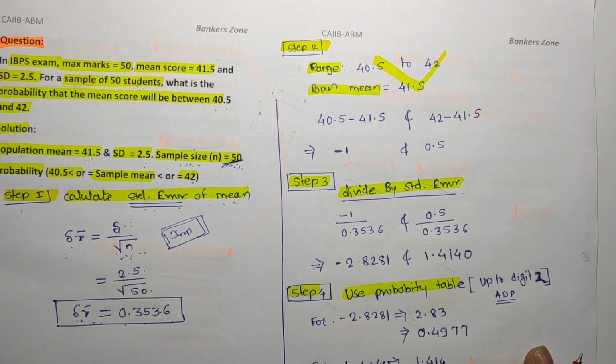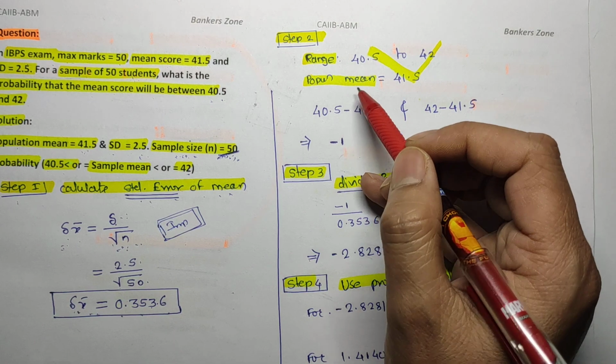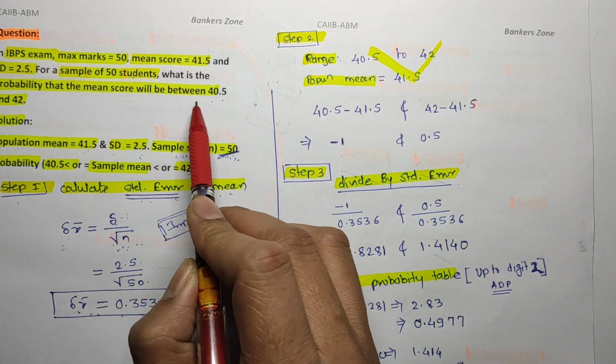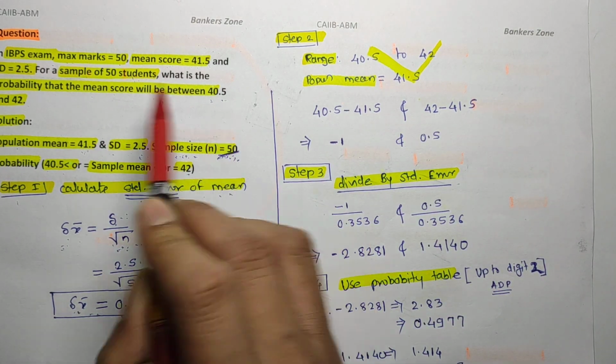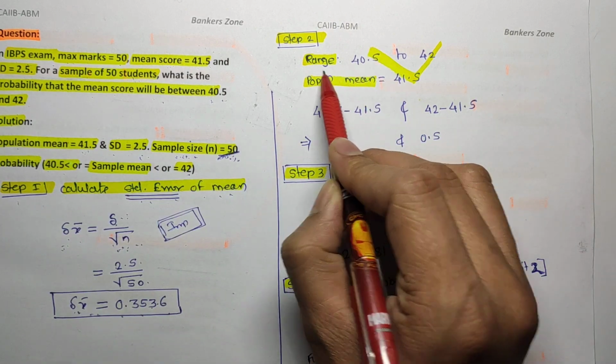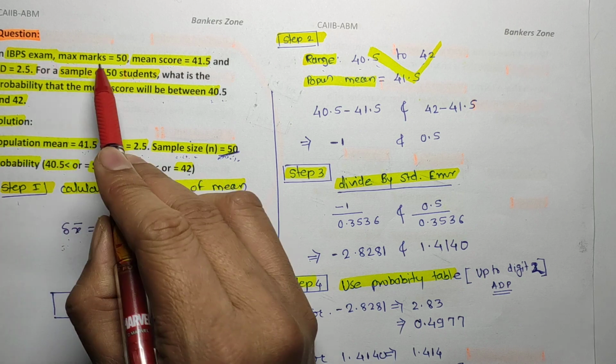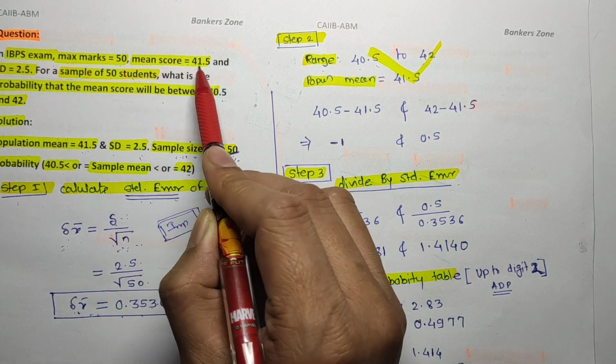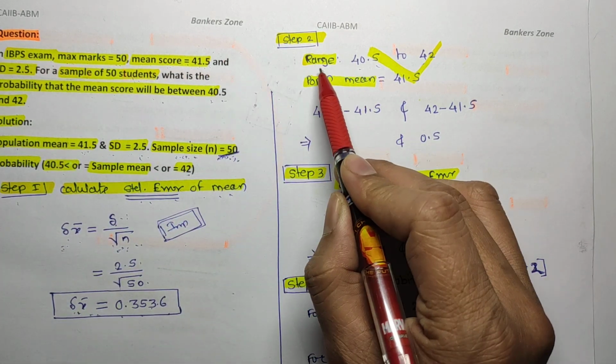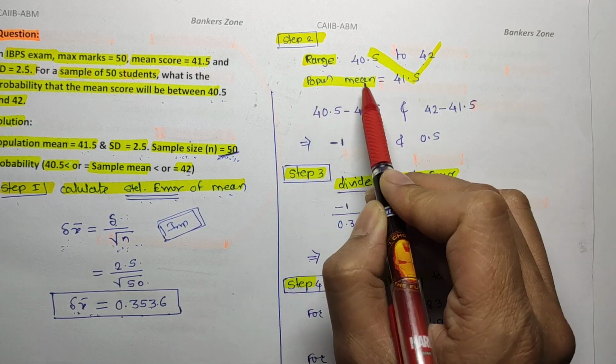Now the second thing is very easy. They have given a range, that the score lies between 40.5 to 42, and the average of all students, that is the population mean, they have given 41.5. So write down the range and the population mean.